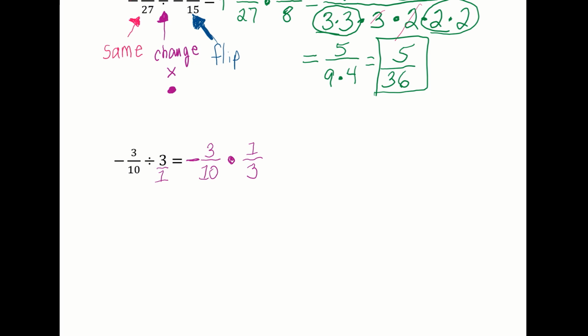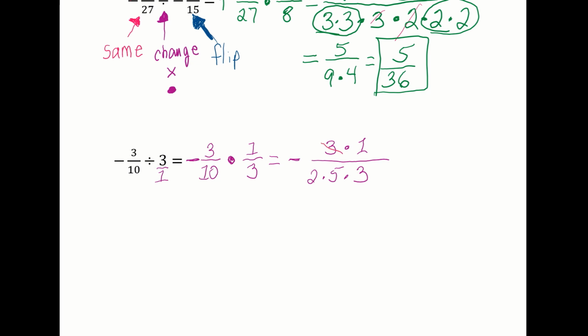Now let's cancel out what we can. I already see what we can cancel. I'm thinking the 3's. Let me rewrite this. So what are we really doing? We have negative, and we have 3 times 1, and then we have 2 times 5 times 3.